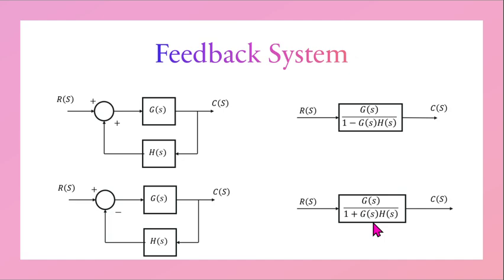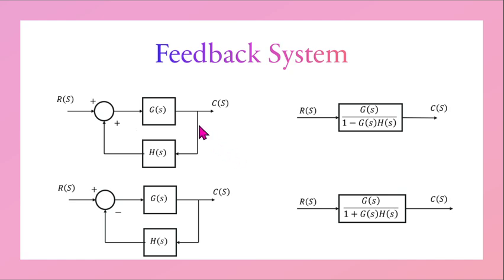For feedback systems, we have two types: a negative feedback loop and a positive feedback loop. First, let's see the difference between a forward path and a feedback path. G of S here is a forward path, which has an input and gets an output. But a feedback path is branching from an output signal and returning to a summing point.